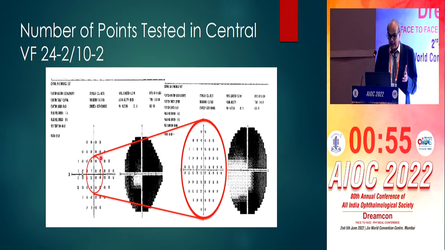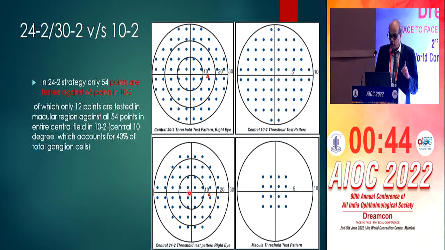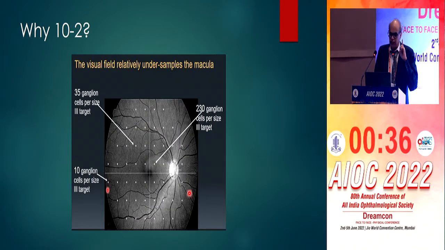That is the important thing. Here you test only 12 points where 40% of the ganglion cells lie. And here you test 58 points where 40% of ganglion cells lie. So obviously testing 58 points in the central 10-2 is more important than testing just 12 points.